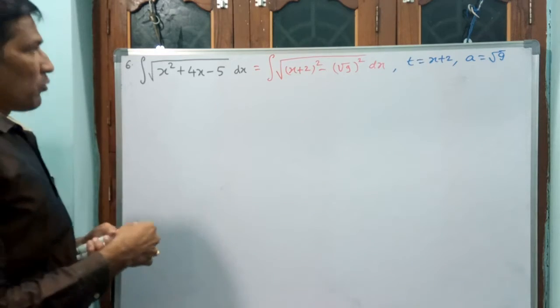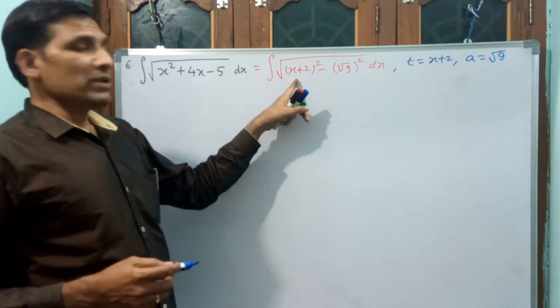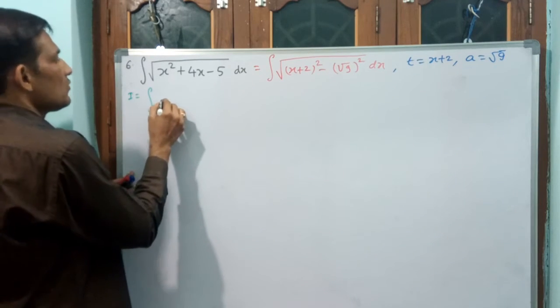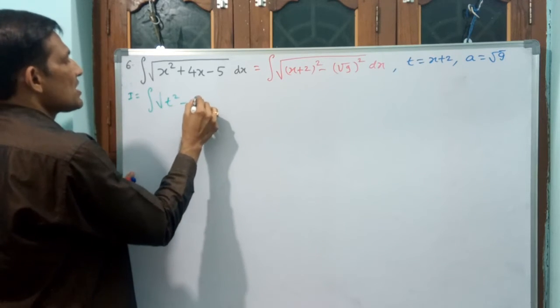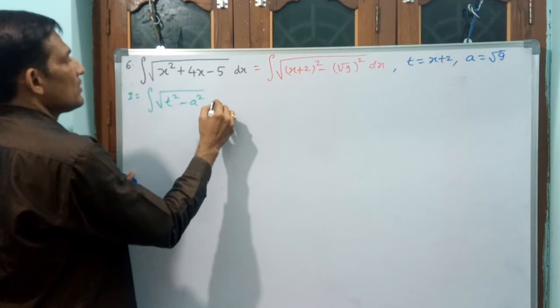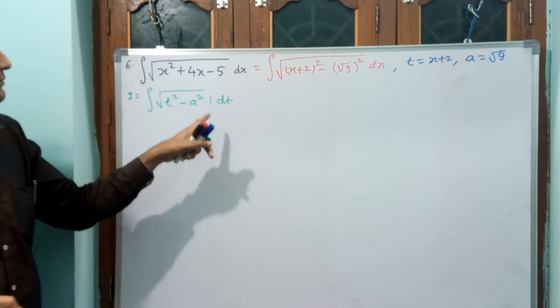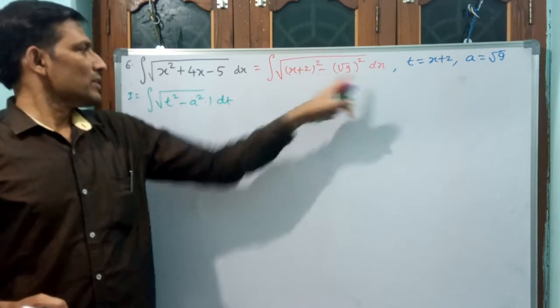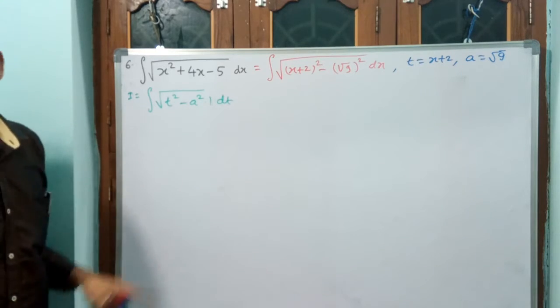Okay. Now proceed further. I is going to become integral square root of t square minus a square dt. Into 1 you can keep afterwards. Now you have to proceed as per this.